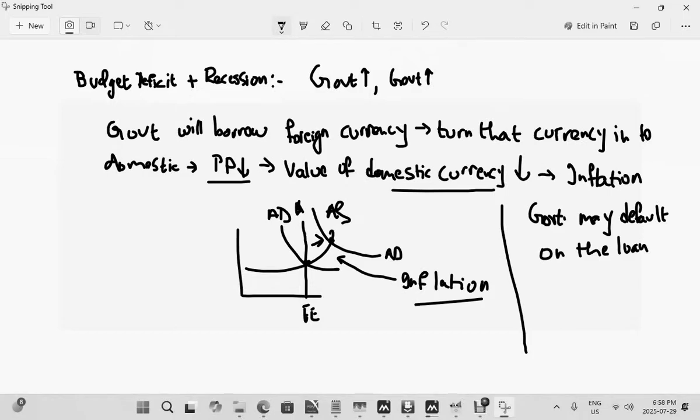We talked about this concept in some of the other videos. This is called a bank run. So you will have a bank run where investors start withdrawing their money from foreign banks because they think the foreign banks might go bankrupt and the government or the banks may not be able to pay the loan back.